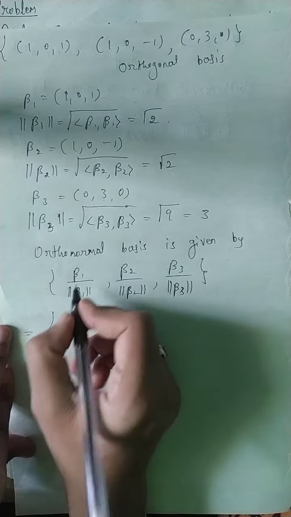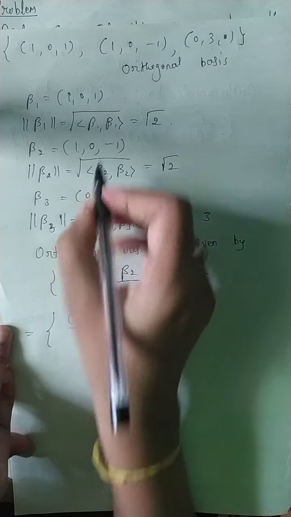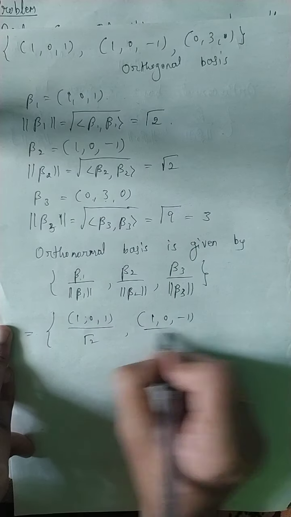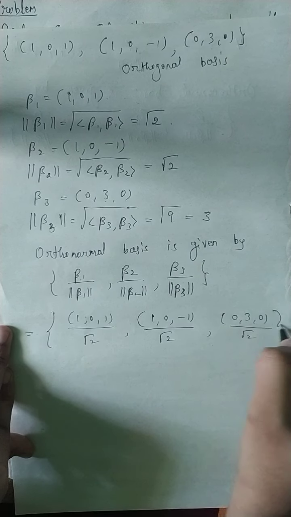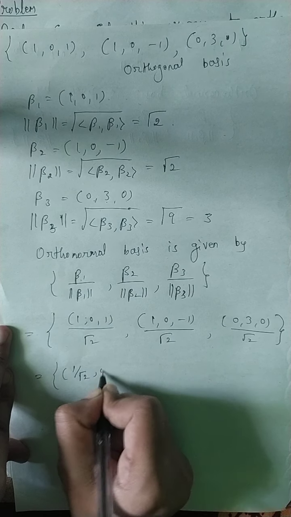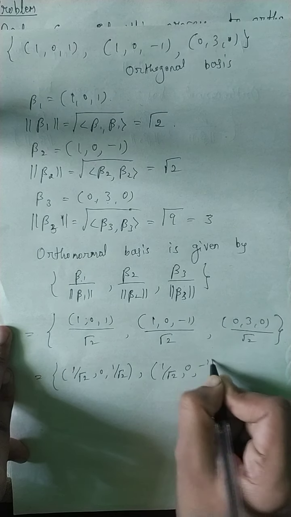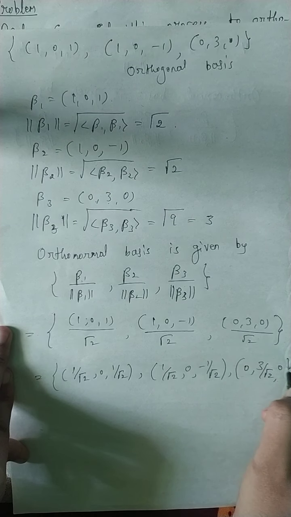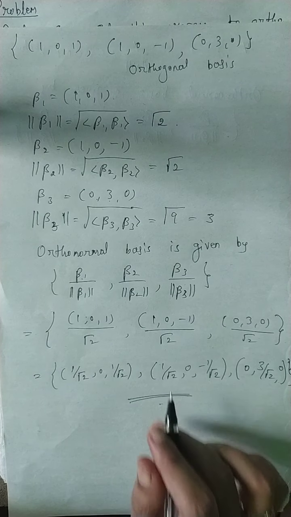That is 1 0 1 divided by root 2, 1 0 minus 1 divided by root 2, and 0 3 0 divided by 3. So the vectors are 1 by root 2, 0, 1 by root 2; 1 by root 2, 0, minus 1 by root 2; and 0, 1, 0. This is the required orthonormal basis for the given problem.